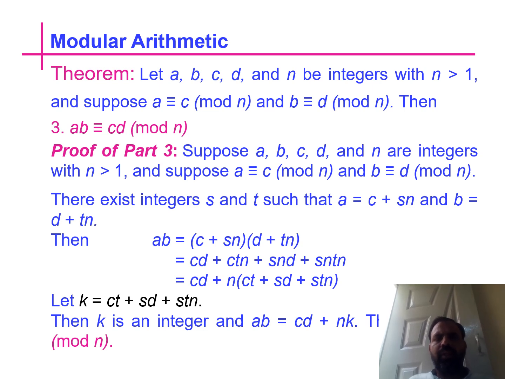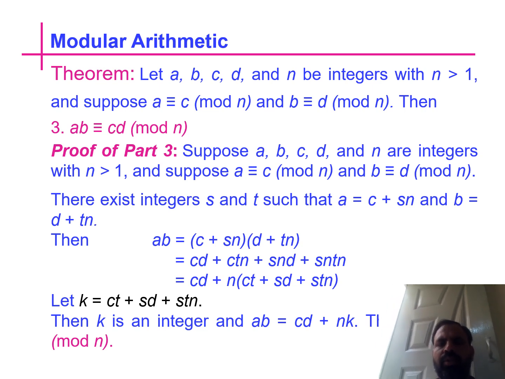As the theorem, let a, b, c, d, and n be integers with n greater than 1. Suppose a is congruent to c mod n and b is congruent to d mod n. Then ab is congruent to cd mod n. Proof of part 3: there exist integers s and t such that a is equal to c plus sn and b is equal to d plus tn.